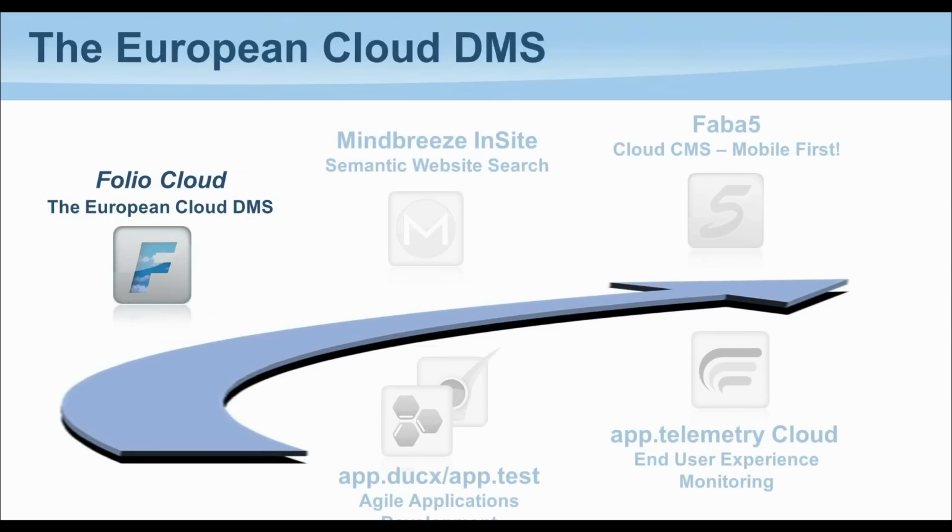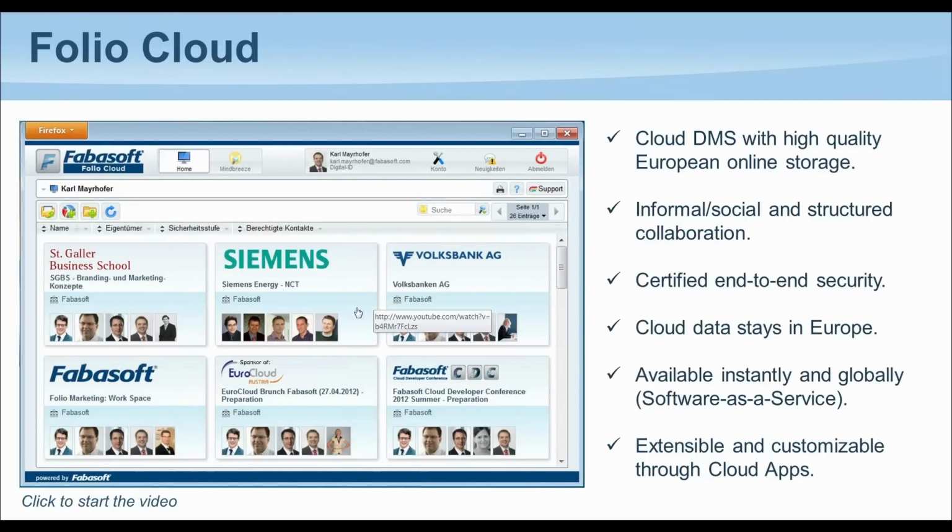So what is Folio Cloud? Folio Cloud is the European cloud document management system, which allows you to manage your digital content in the cloud and to implement business processes on top of the content management system. So first you need a solution to manage your content in a digital way. And based on that, you can then digitize your business processes.